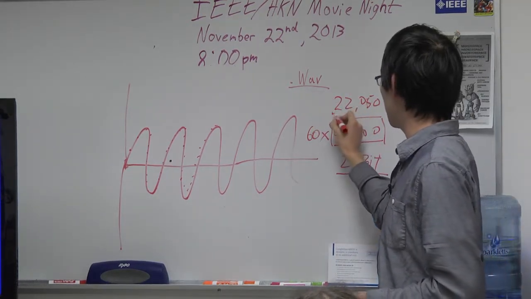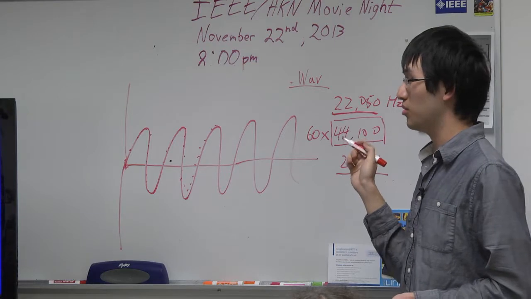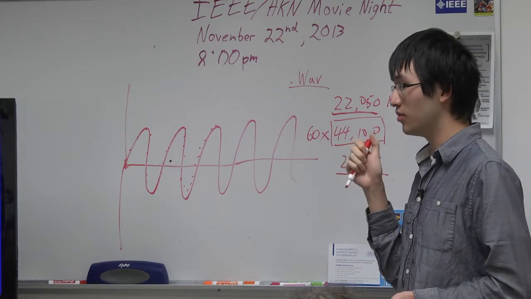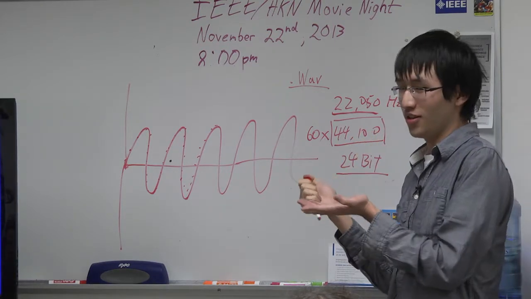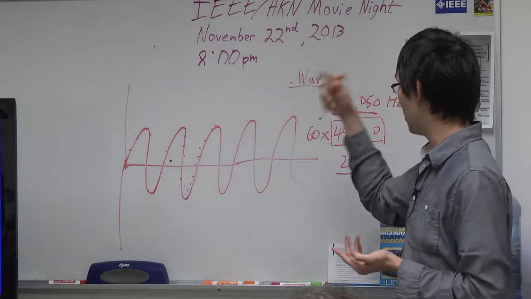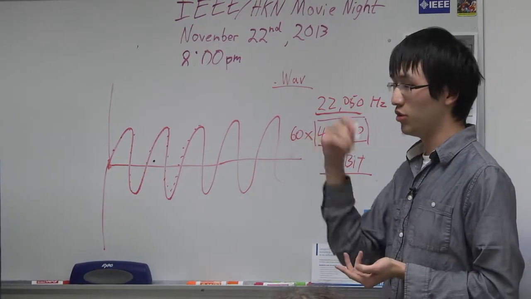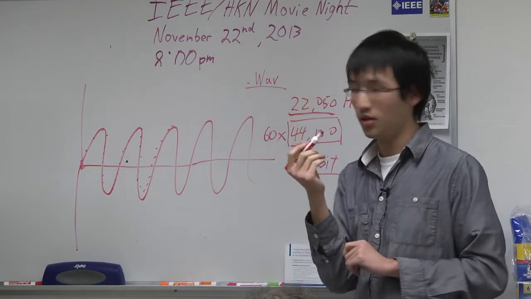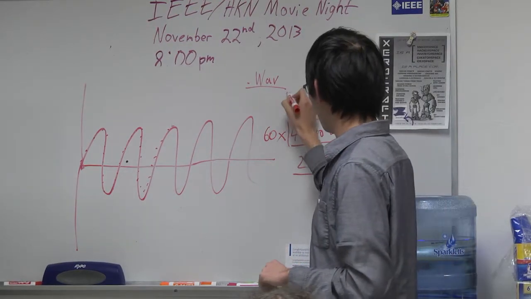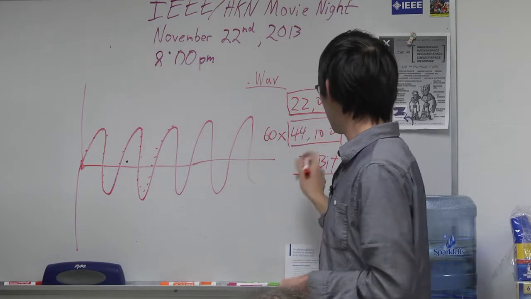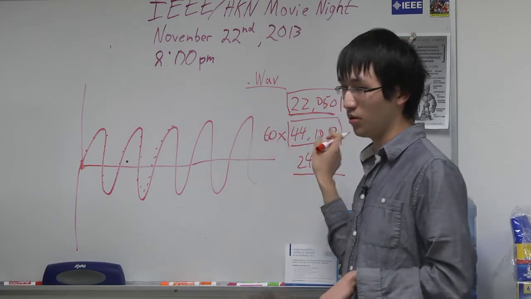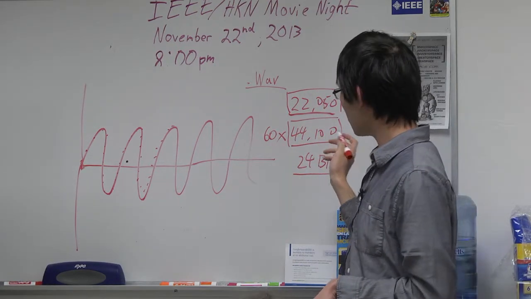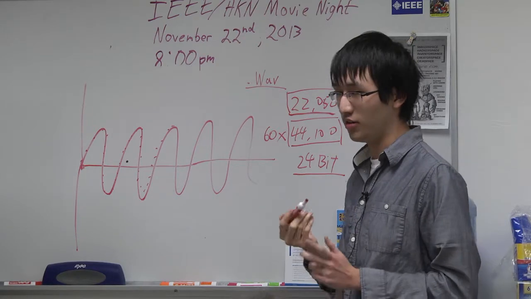This is almost completely above our hearing range. Maybe if you're a newborn baby you can hear it, but we usually lose our perception of extremely high-pitched sound later in life. So our range of hearing fits completely within the sampling rate of the sound in a WAV file.